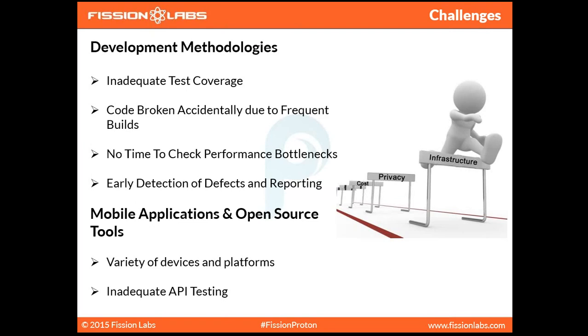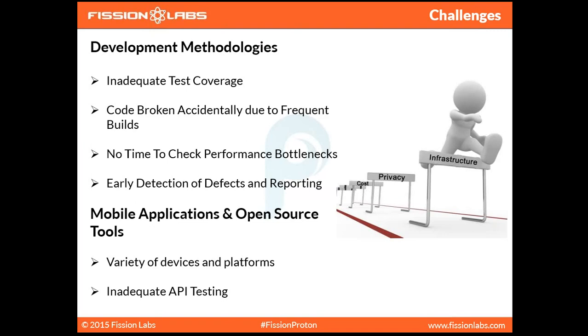And no time to check the performance bottlenecks because of the shorter duration of the sprints. If you have to take performance testing into consideration, it will become very difficult unless you have proper tools and an innovative solution in place. So that makes it very difficult to detect defects at an early stage of application development.